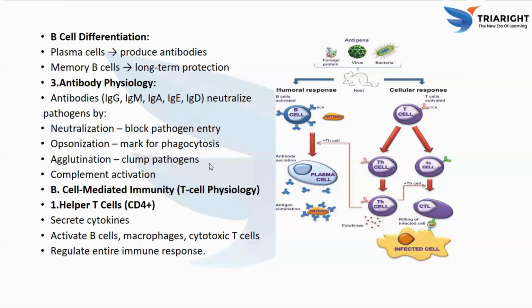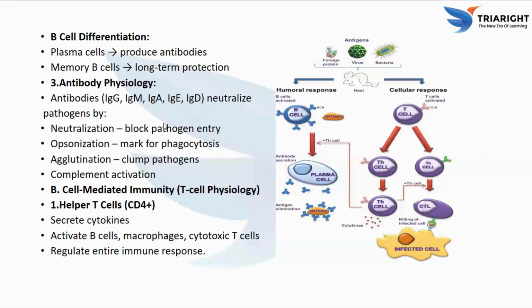So how do antibodies neutralize pathogens? Antibodies help the body in several ways, like neutralization. Antibodies bind to toxins or viral proteins. This blocks attachment of viruses or bacteria to host cells and prevents infection entry. Second is opsonization, like tagging for eating.